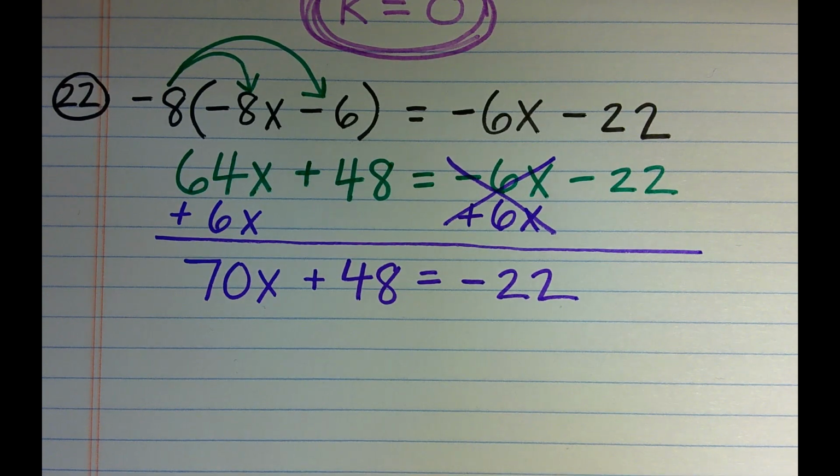So now we have 70x plus 48 equals negative 22. What do we do from here?